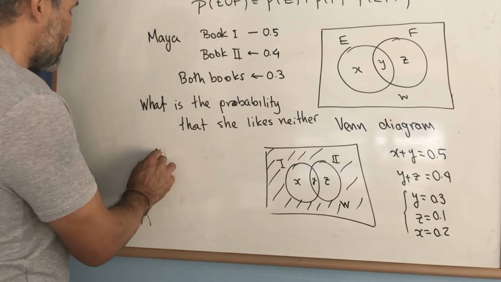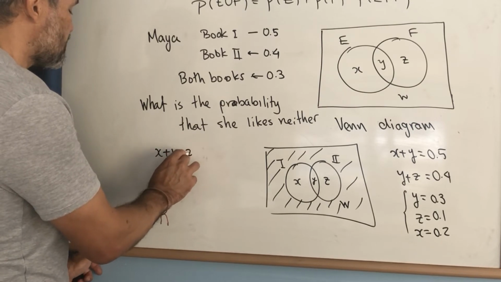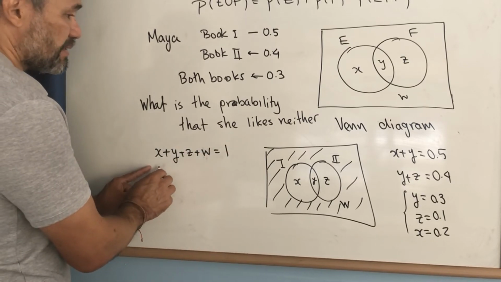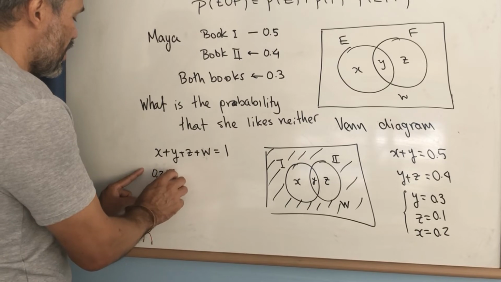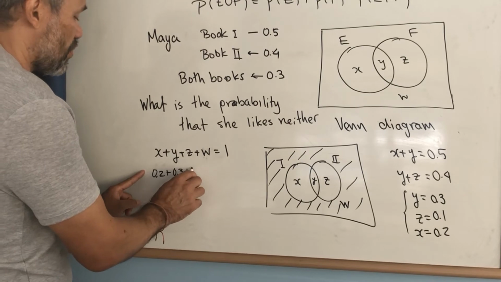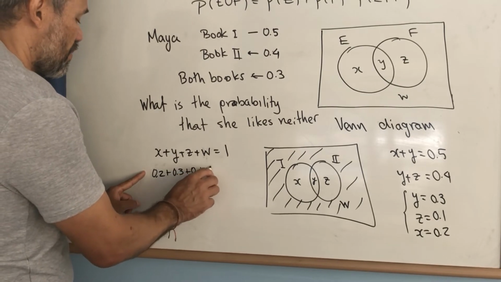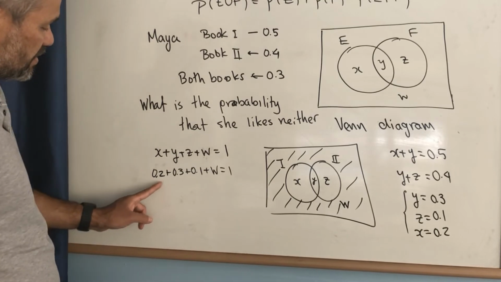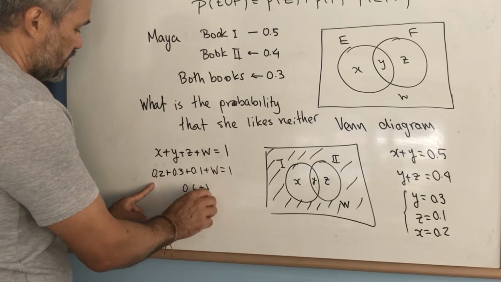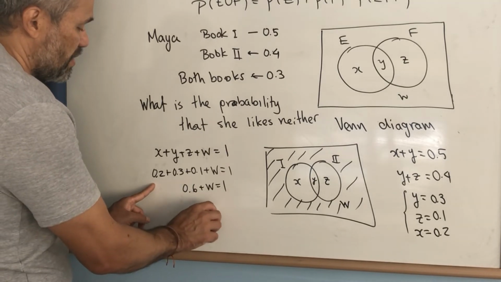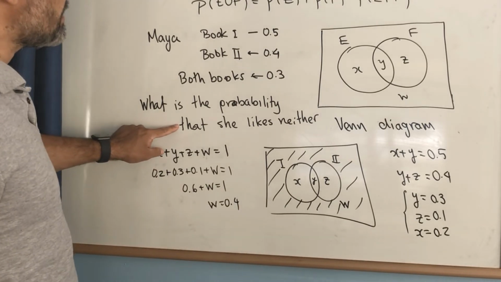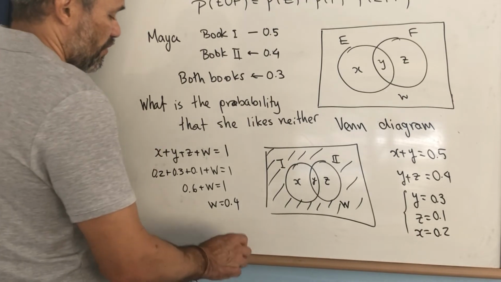Then we have that X plus Y plus C plus W must be 1, but X is 0.2, Y is 0.3, C is 0.1, plus W must be 1, and this is 0.6 plus W is equal to 1, which means that W is 0.4. That means that the probability that she likes neither is 0.4.